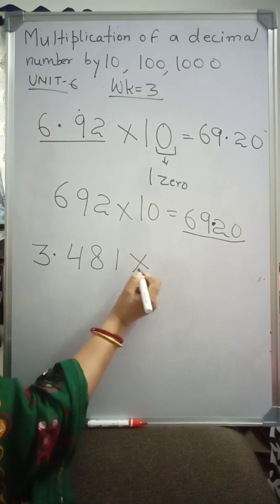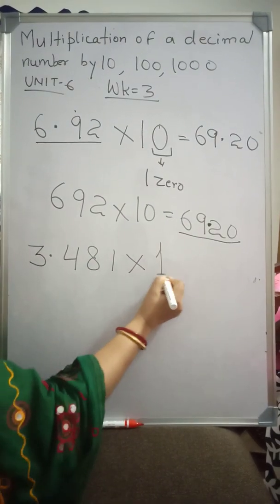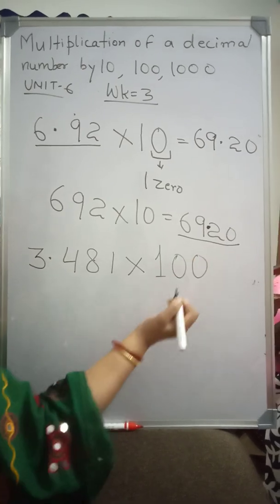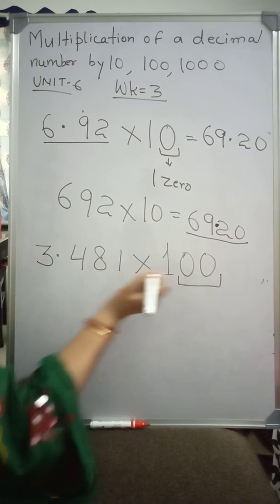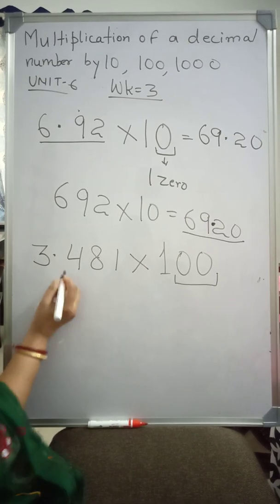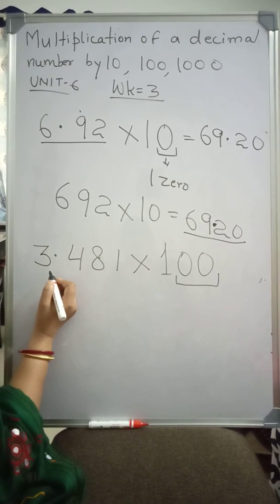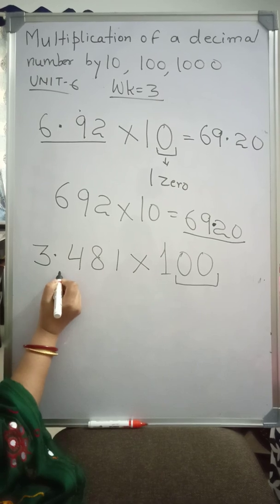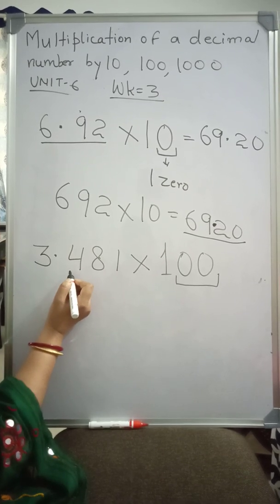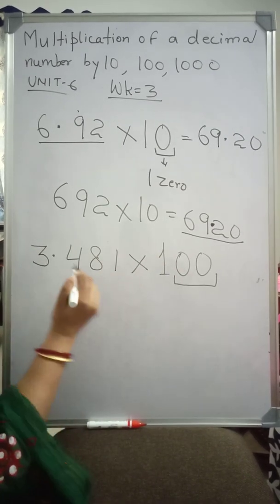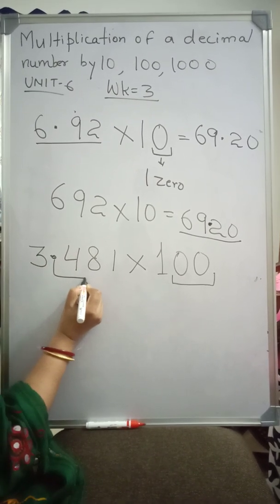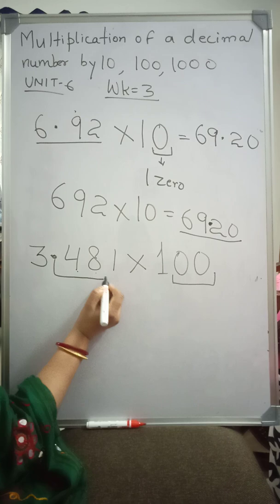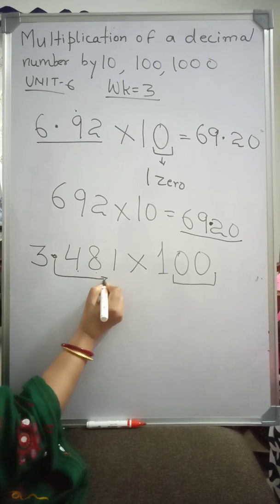3.481 is multiplied by 100. Correct? So here all of you see that 100 is having 2 zeros. So this decimal point will shift 2 places, 1 and 2, to the right.